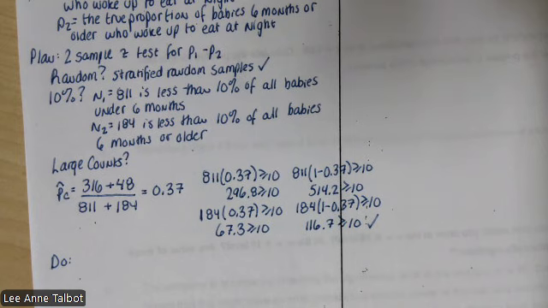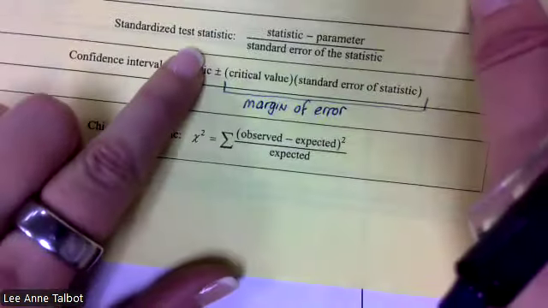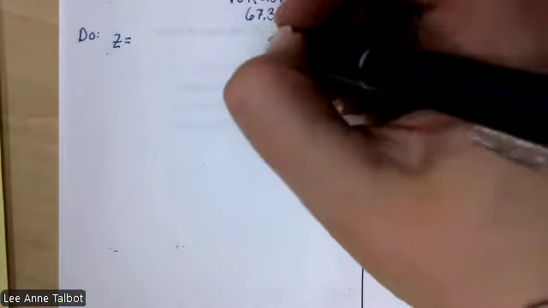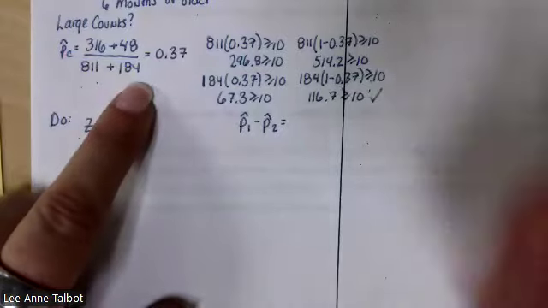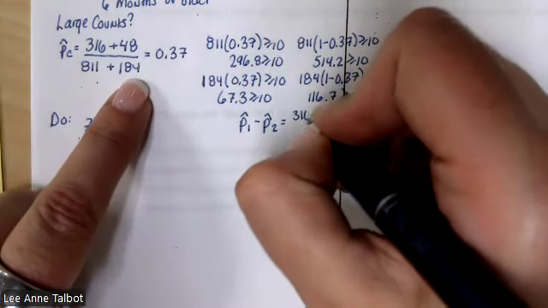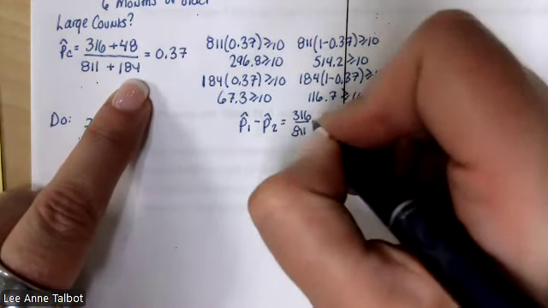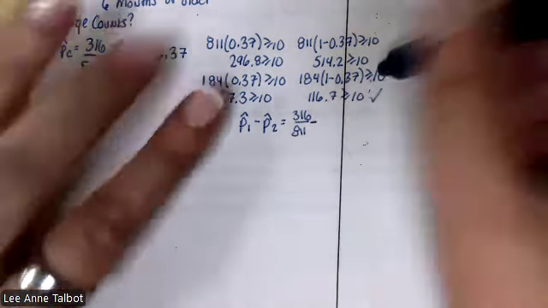And it is coming down. Okay, we're close, we're close. Okay, same formula, standardized test statistic equals, so Z equals. And the statistic in this one is P-hat 1 minus P-hat 2, which is not the same thing as this up here. It's 316 over 811 minus, actually, I'm so stupid.